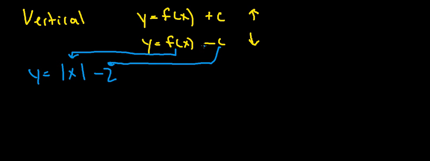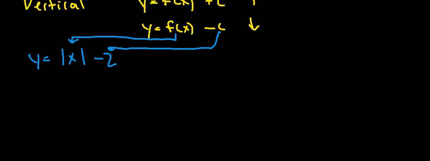So according to this, the solutions for the function would be the same as y is the absolute value of x, but minus 2. So let's make a table. It'll be a lot more clear.